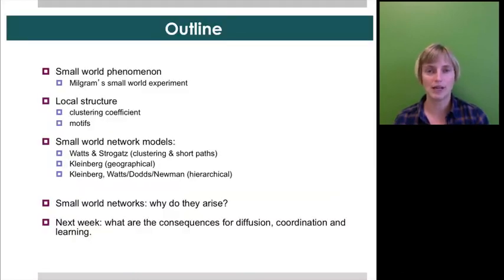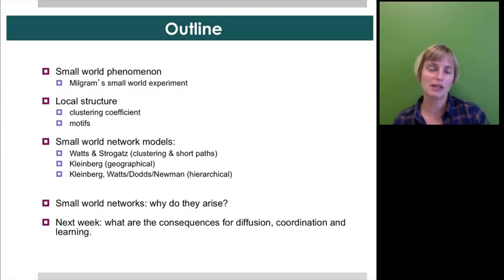So just to outline, I'm going to start with Milgram's famous small world experiment, which established that it's a small world when you look at social networks. Then I'm going to be looking at some local structure and metrics, starting with the clustering coefficient and then delving into motif analysis.